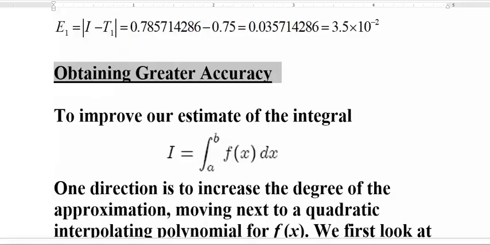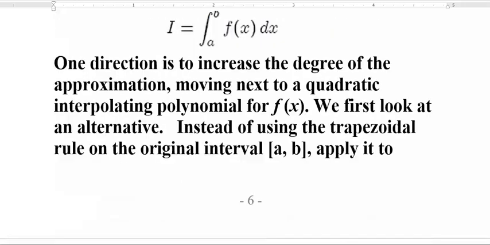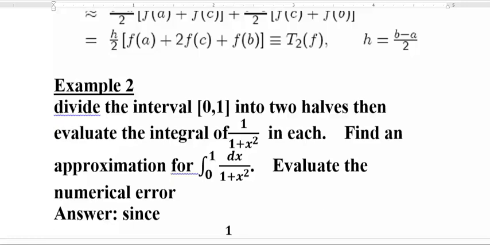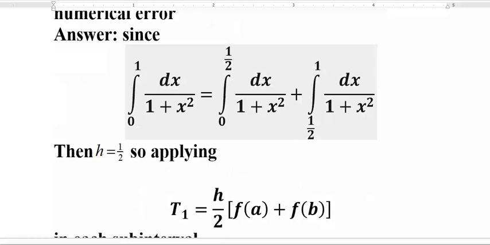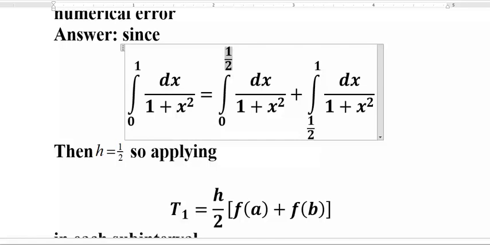To improve our estimate of the integration, we divide the interval into two sub-intervals. So we have an integration from 0 to half plus an integration from half to 1 for the same function.